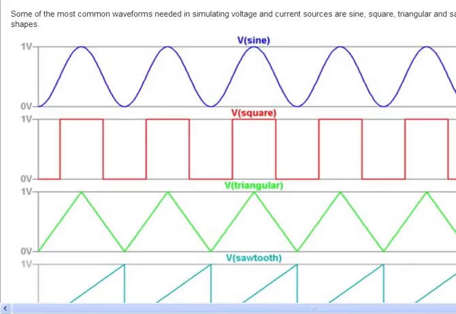There are various types of sound waves or wavelengths, right? It says here some of the most common waveforms needed in simulating voltage. This is just on a specialized website. Sine, square, triangular, and sawtooth, right? Now this is a sine wave, a curvy one, like this. This one here is a square wave.